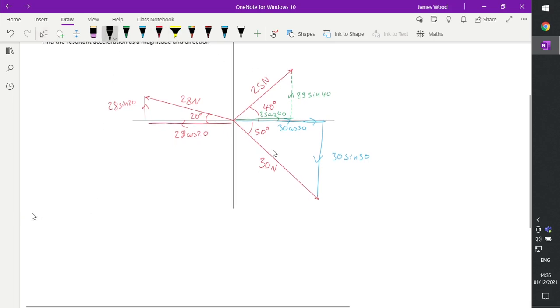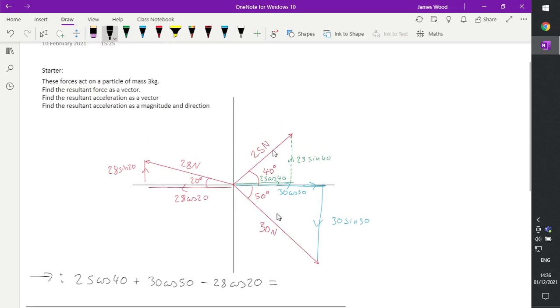So now let's see what's going to happen overall with this object. If we just look at the horizontal forces to the right, first of all, we've got 25 cos 40 plus 30 cos 50 and then subtract 28 cos 20. And we could calculate what this is to find the net force, but I'm actually going to equate it to ma. So this is F equals ma.